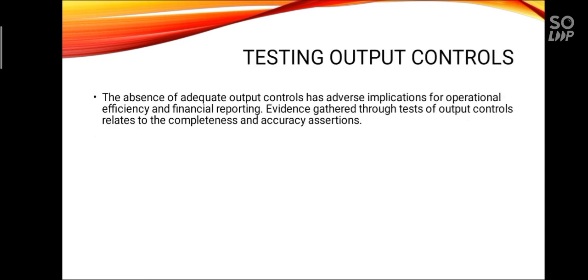Testing output controls. The absence of adequate output controls has adverse implications for operational efficiency and financial reporting evidence. Evidence gathered through tests of output controls relates to the completeness and accuracy assertion. Test of output controls involves reviewing summary reports for accuracy, completeness, timeliness, and relevance to the decisions that they are intended to support.